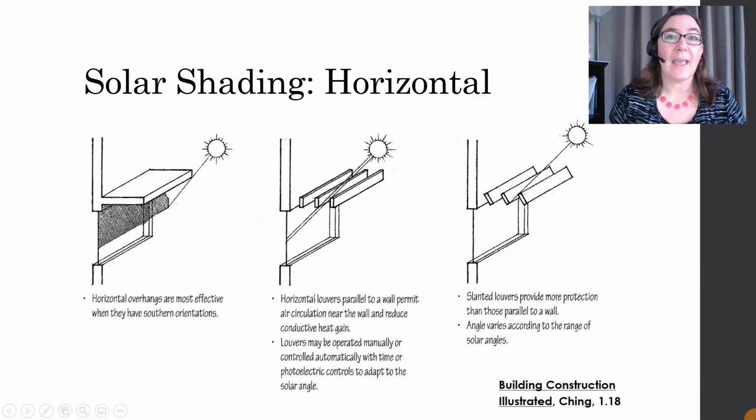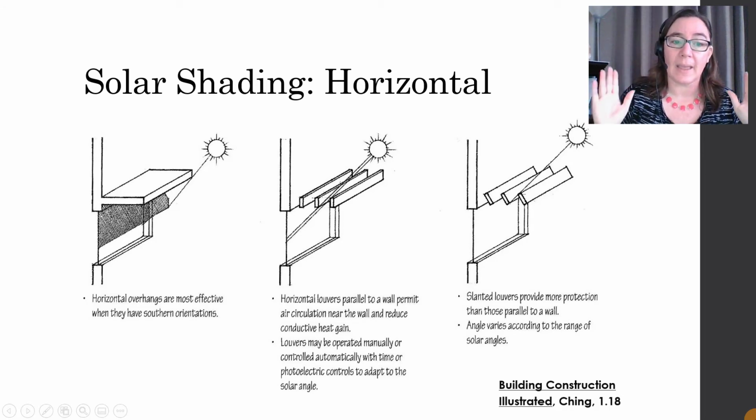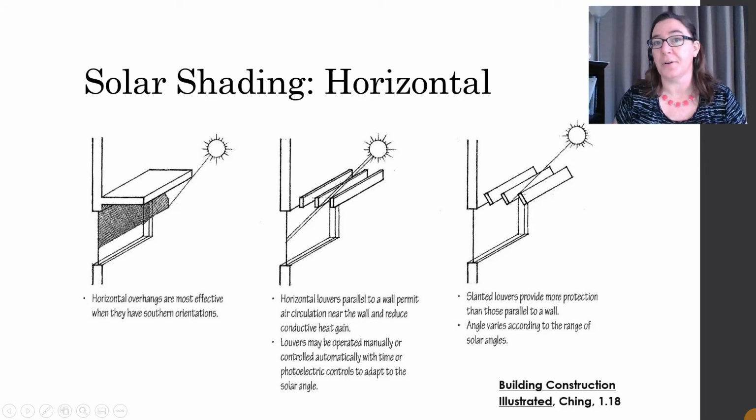So let's take a look at some of the solar shading techniques, starting with horizontal shading devices. And the simplest one, take a look at the left, is just a horizontal overhang. These are really useful and effective for southern orientations.